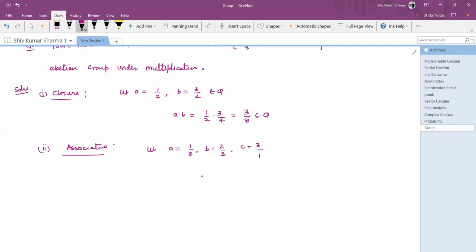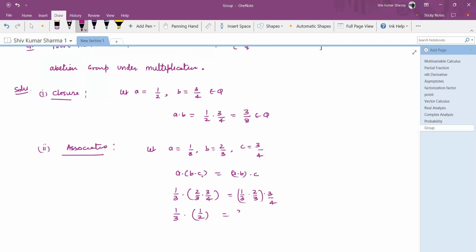to 3 by 4. Then we show A into B into C is equal to A into B into C. So A is 1 by 3 into, we write down, 2 by 3 into 3 by 4 is equal to 1 by 3 into 2 by 3 into 3 by 4. First we solve the bracket: 3 and 3 cancel, so 2 by 4 is 1 by 2.